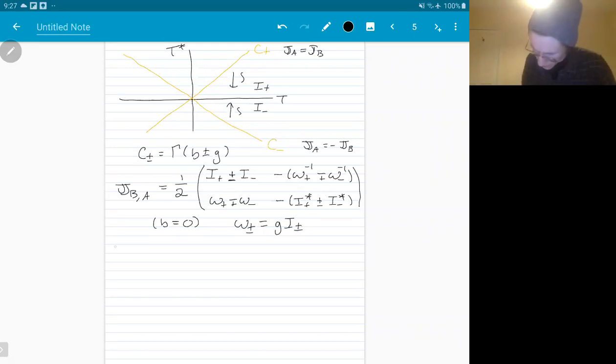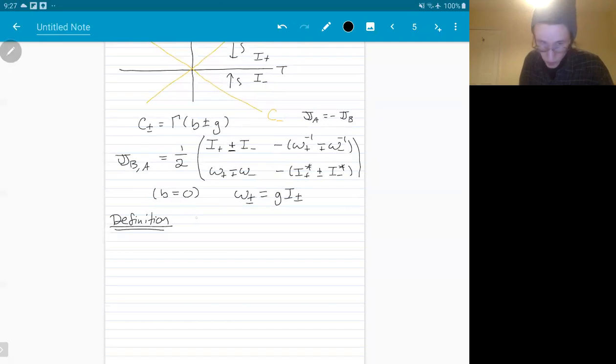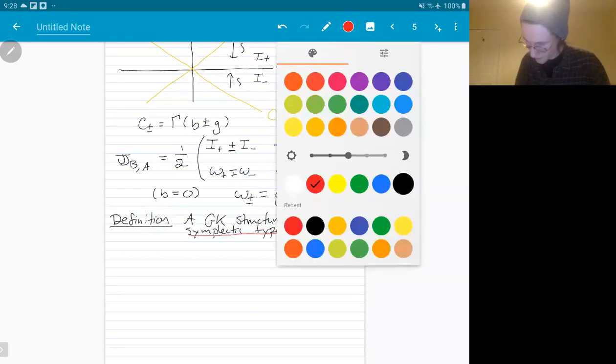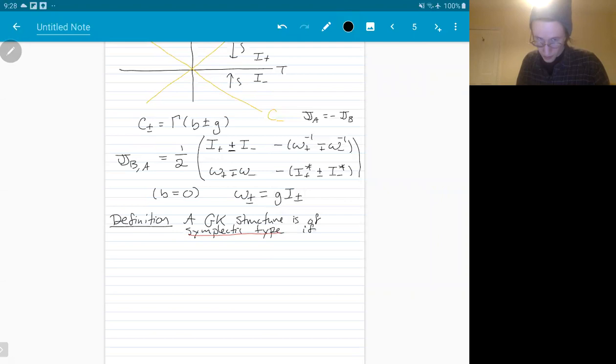Okay, so now I can give the definition, which is that a GK structure is of symplectic type if omega plus plus omega minus is invertible.